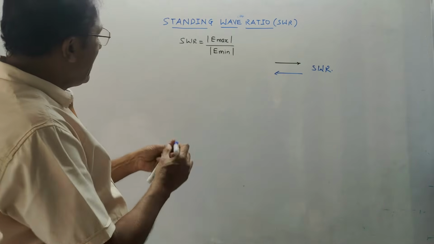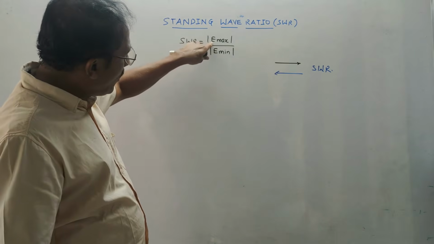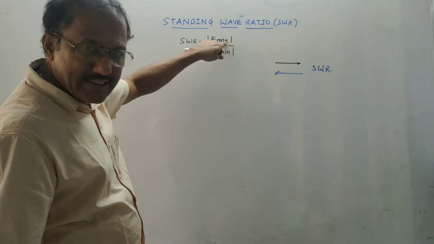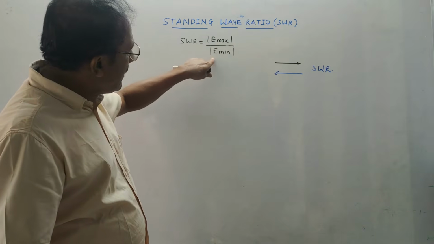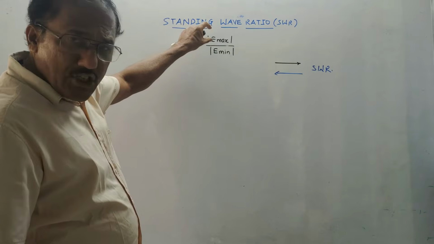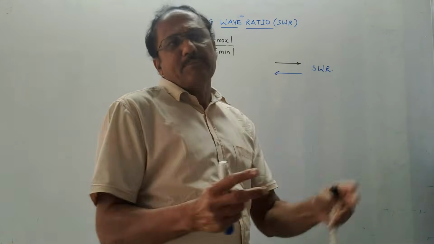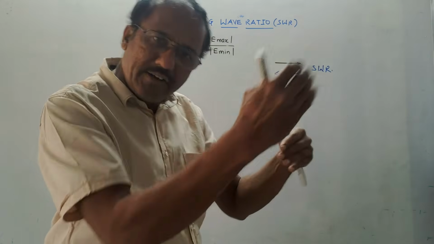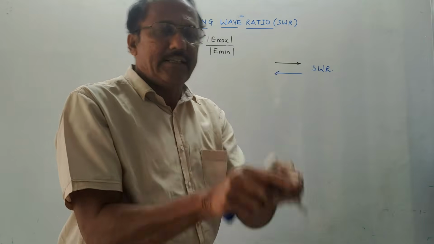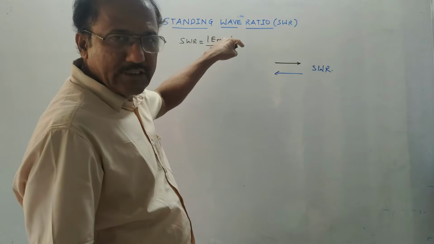Mathematically, the formula for standing wave ratio SWR is the ratio of mod of E max to mod of E min. Keep in mind, E is voltage, so it is the magnitude of maximum voltage to the magnitude of minimum voltage. How is maximum voltage obtained? Very simple. There are two waves, incident wave and reflected wave. If both the waves are in phase, they will get added and maximum voltage is obtained.